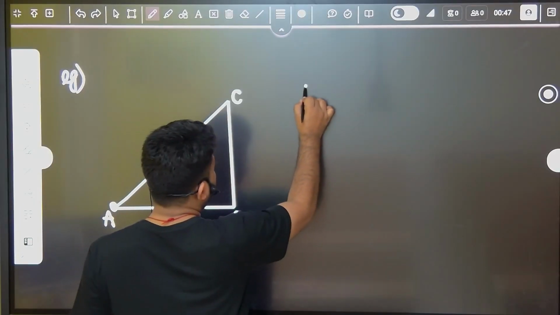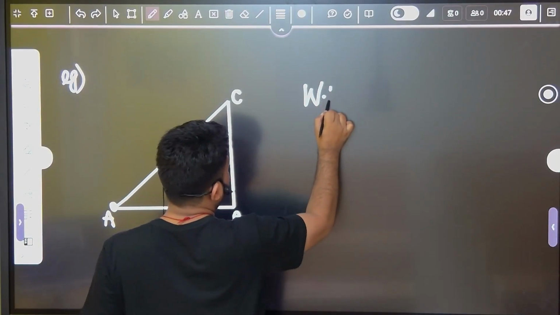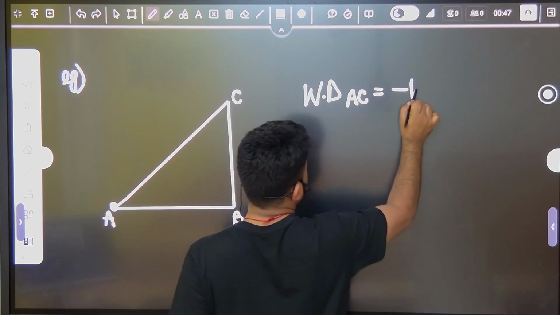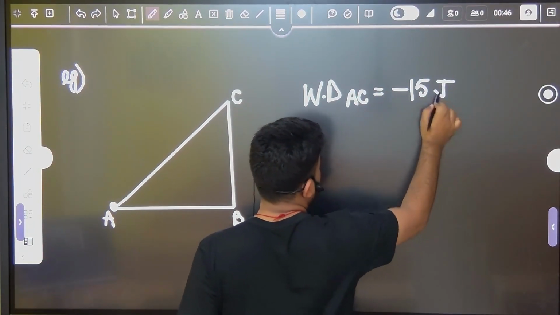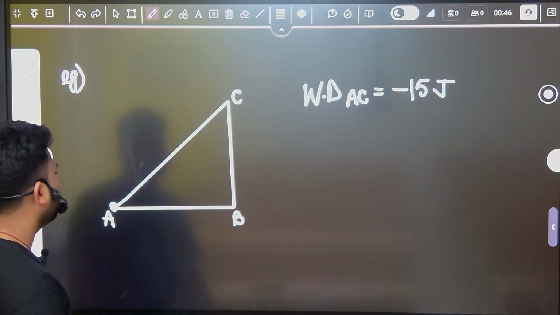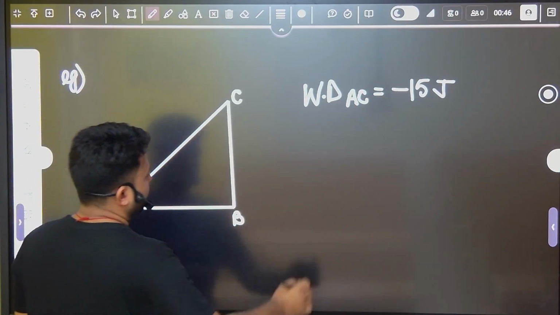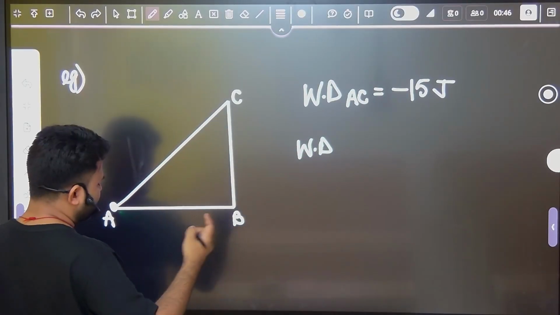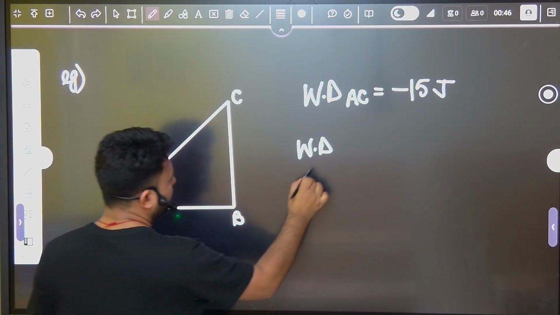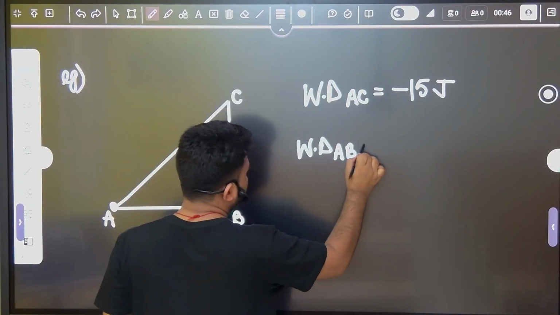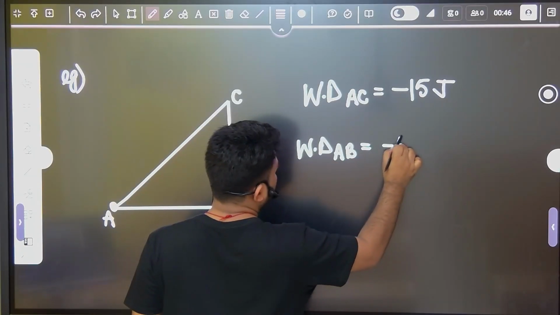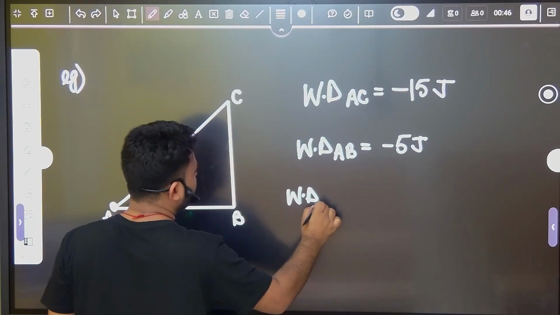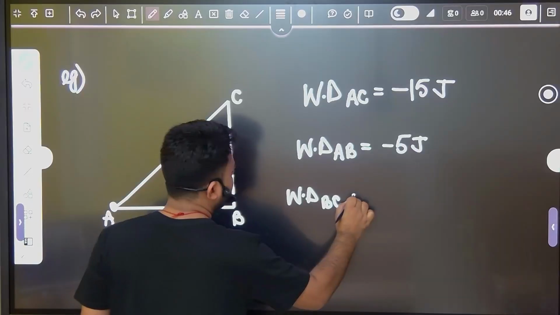And work done in going from A to C is suppose minus 15 joule. Correct? And work done by the conservative force in going from A to B, they have given minus 5 joule. And they are asking what will be the work done in going from B to C.